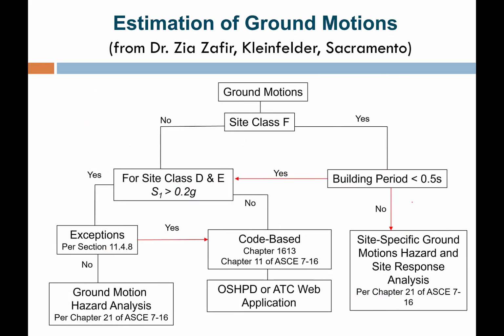All right, I've got to throw a bone to my good friend and mentor, Dr. Zia Zafir. He works for the consulting firm Kleinfelder in Sacramento, California, and he's a good friend. And he shared with me this flowchart, and I really liked it, and so I'm stealing it with his blessing and sharing it with you, because this flowchart is a decision chart that really guides one through this process of developing ground motions using the ASCE 7-16 or the IBC 2018 approach.